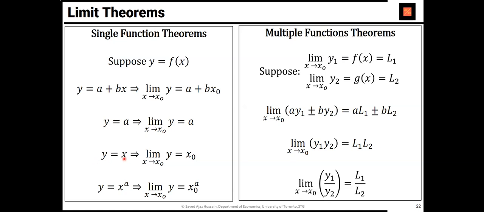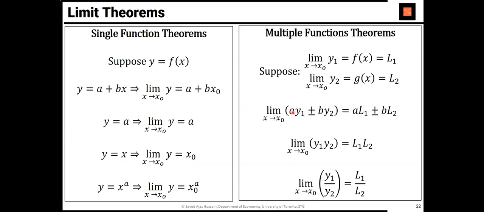If y is always equal to x, shooting x off to x0 will make y equal to x0. And if this is the function, shooting x to x0 will simply mean y is going to shoot off to x0 to the power a. Now you have limits applied to multiple functions. Here, one function goes off to L1 when you shoot x to x0, and a second function goes off to L2 when you shoot x to x0.